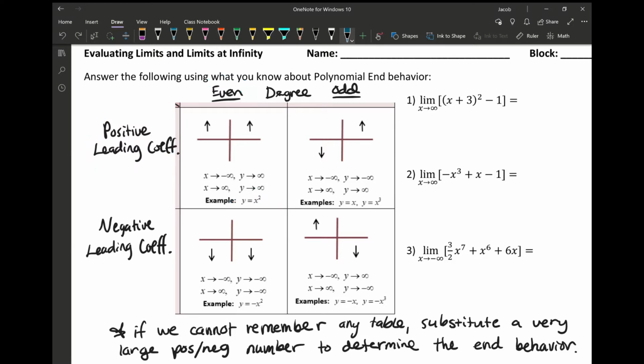Likewise, if you wanted to see some examples of odd degree polynomials that start by pointing down to the right and go up and to the left, then that's a negative leading coefficient and an odd degree. So you've definitely seen this table before. I just wanted to remind you of it.